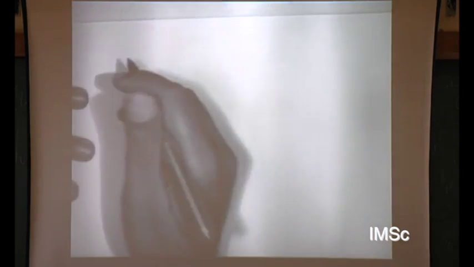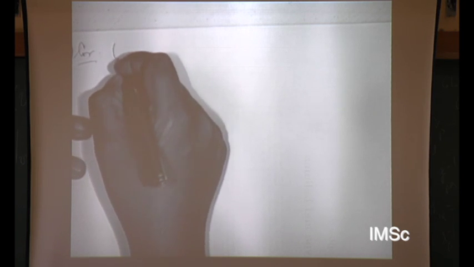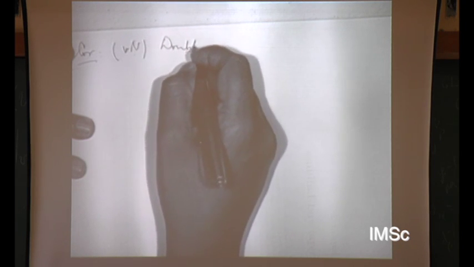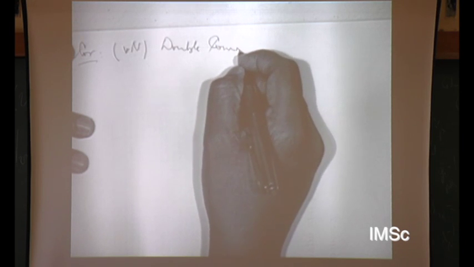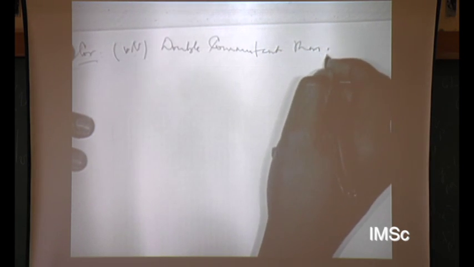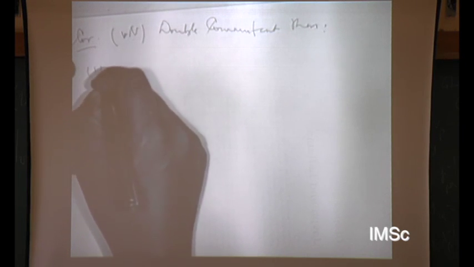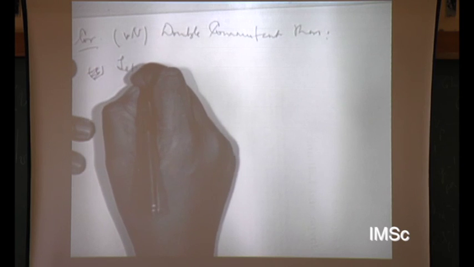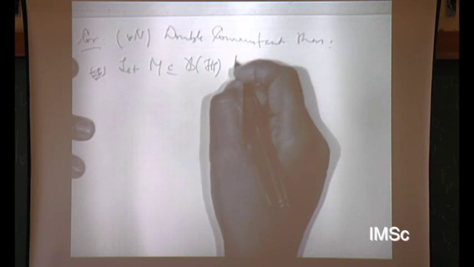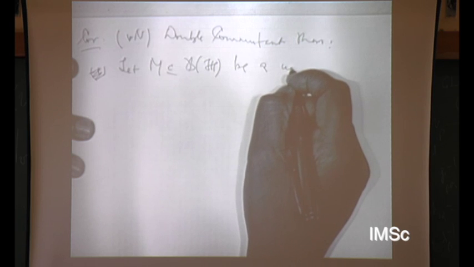This density theorem. So the corollary that we want is the double commutant theorem. Let M contain B of H, be a unital star algebra.